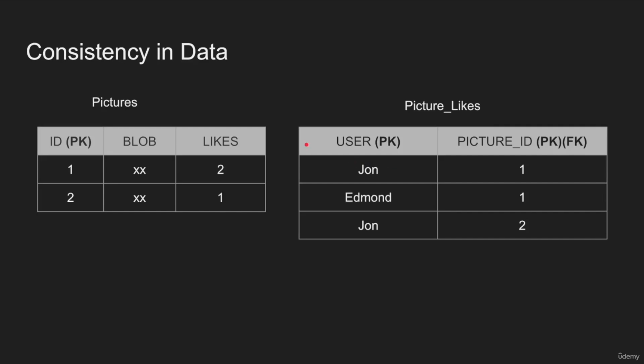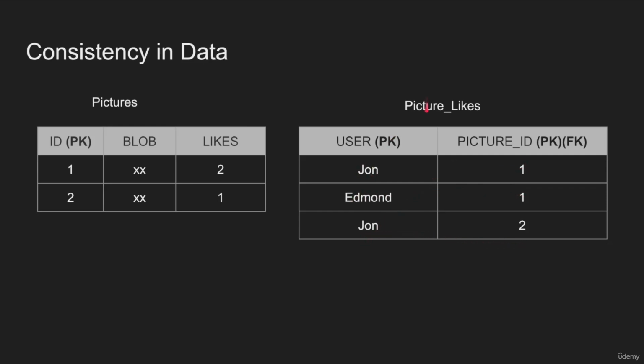Here's an example. Let's assume you're building some sort of Instagram data model. So you have the pictures table, you have an ID, a blob of the picture, binary large object, and the number of likes that this picture got. And then we have a tracking table that says, okay, John has liked picture 1, and Edmond has also liked picture 1, and John also liked picture 2.